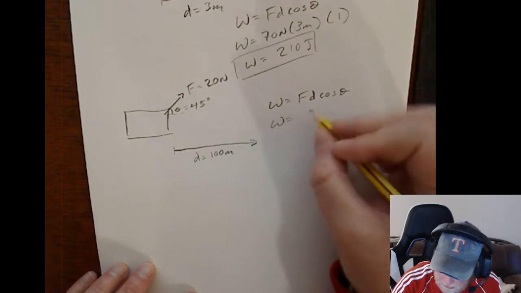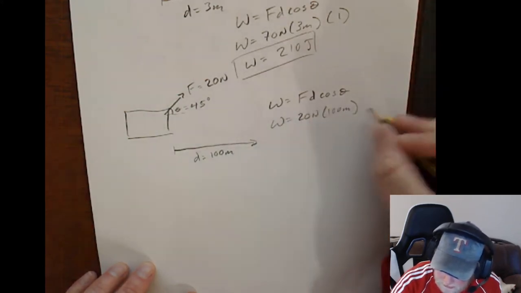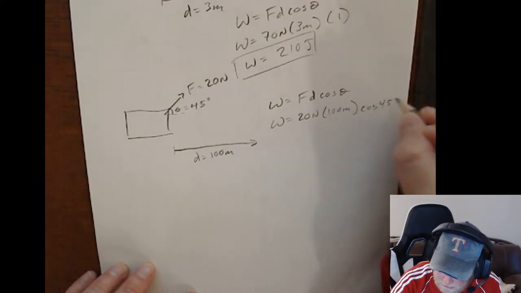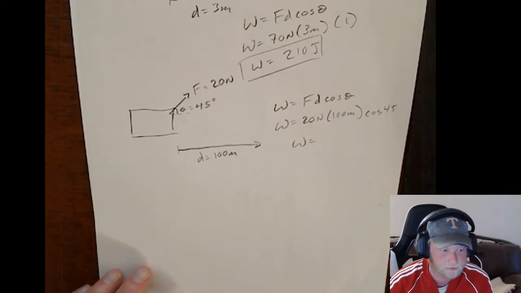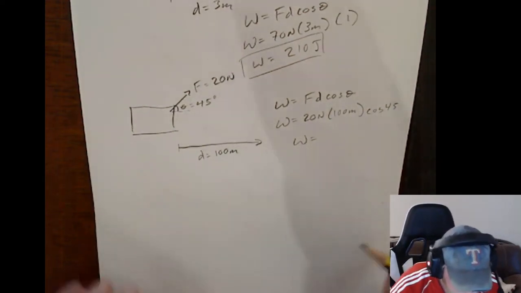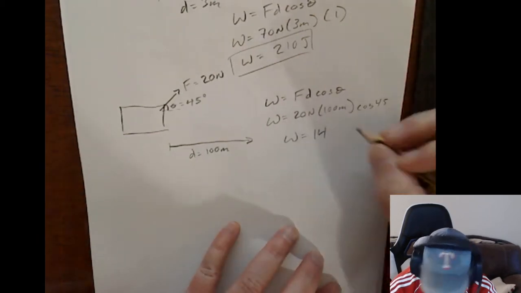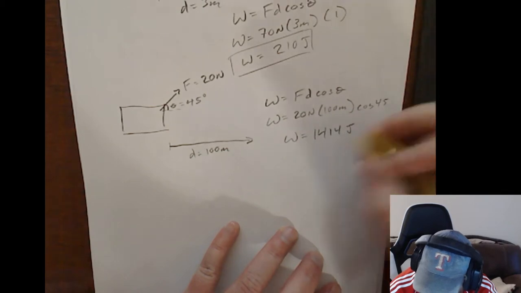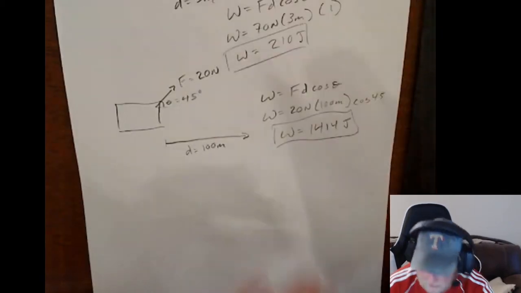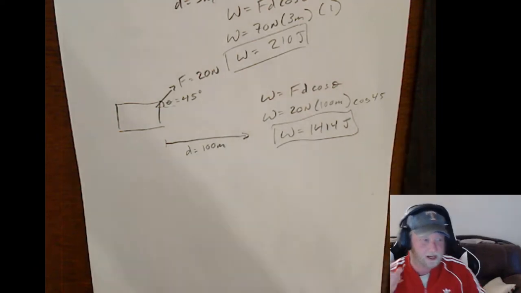So the work is 20 newtons times 100 meters times the cosine of 45. And we get the amount of work done by the tension force as 1,414 joules. Now again, be careful, especially if you're in pre-cal, that your calculator is set in degrees and not radians.